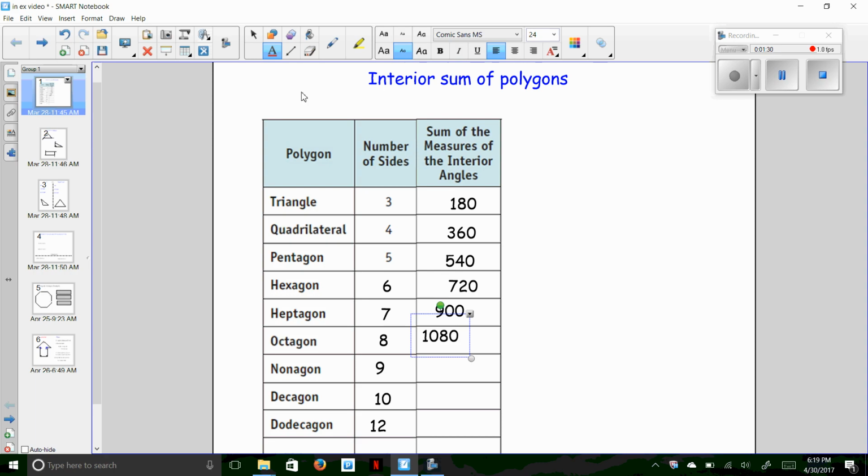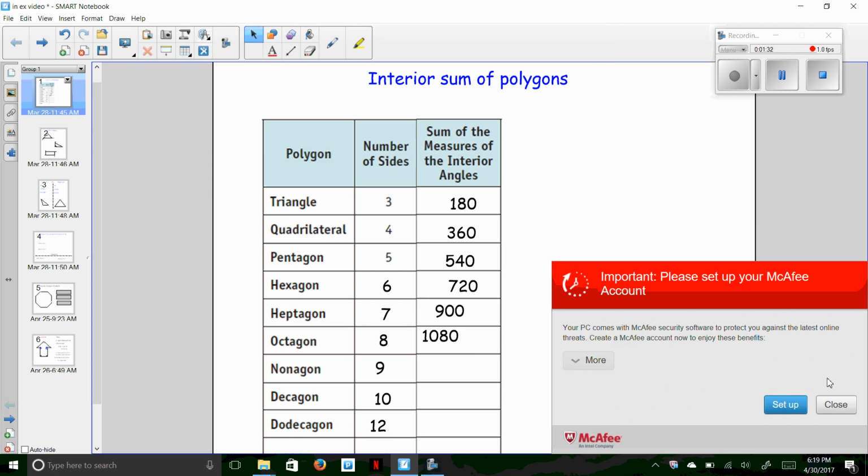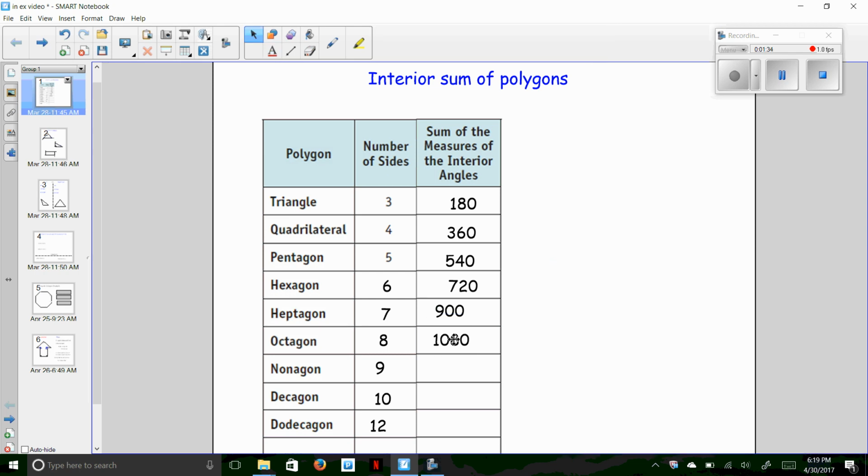Okay, I want you to take a second to look at these. A lot of people watching this might notice that there is a pattern. What I mean by pattern is as it goes one more side, it starts at 3, adds a side to 4, adds a side to 5, adds a side to 6.